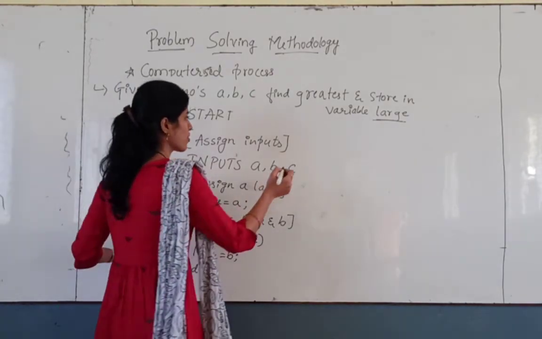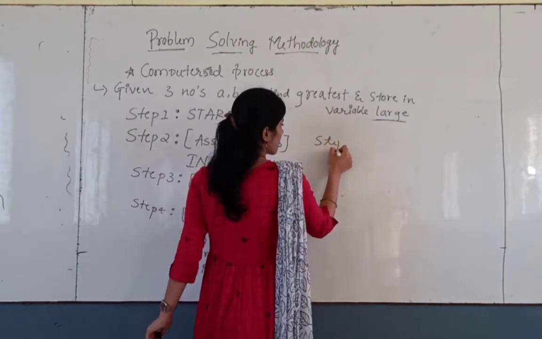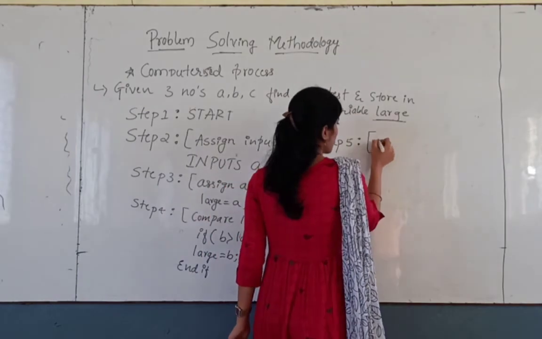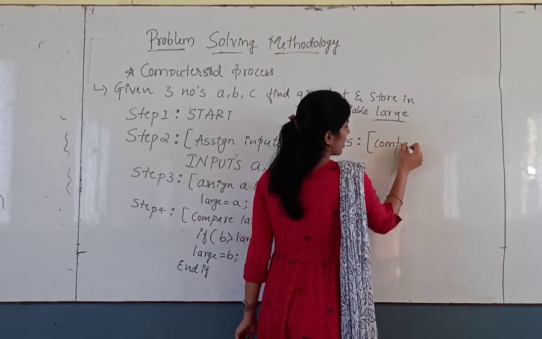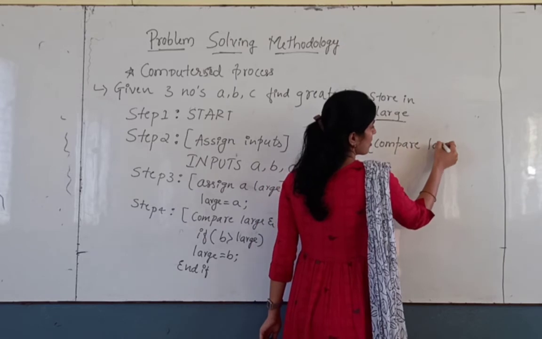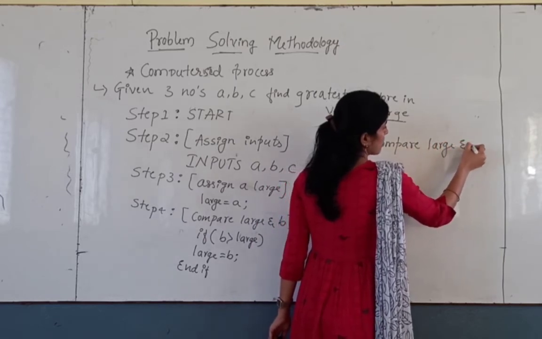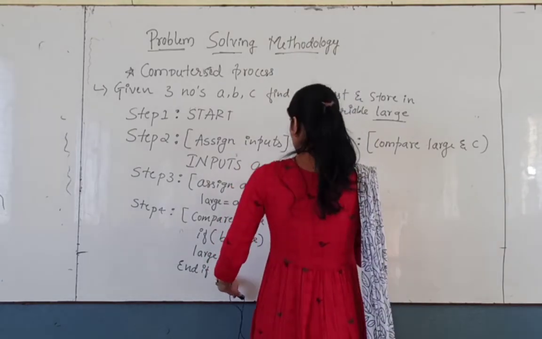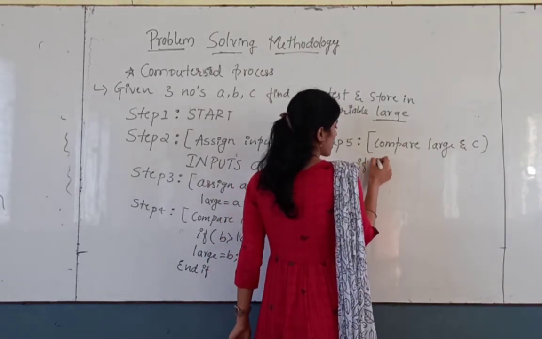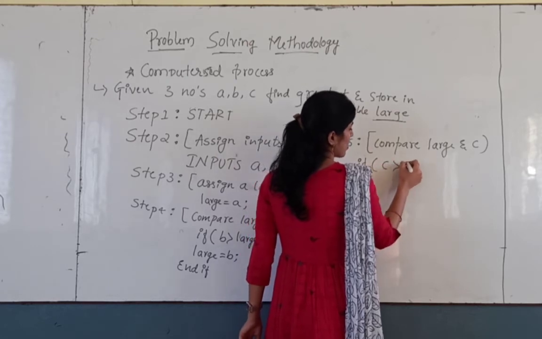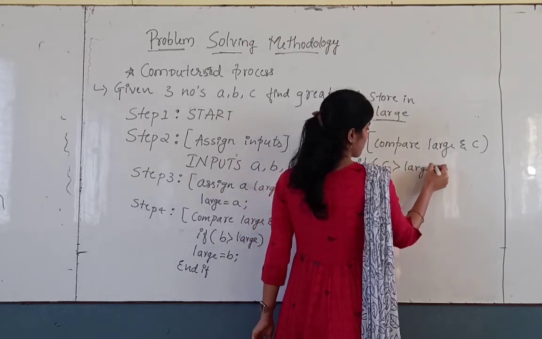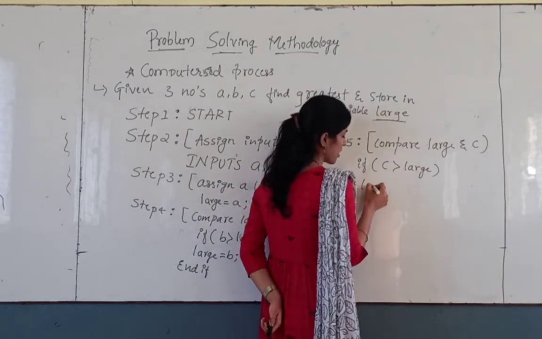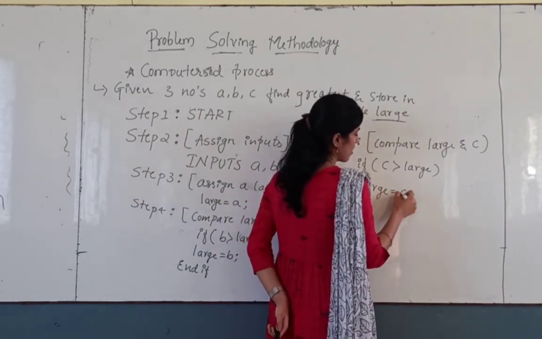Okay, now step 5. Step 5 will be compare large and c. Here large is now variable b. So again the if condition says that if c is greater than large, then large becomes c.